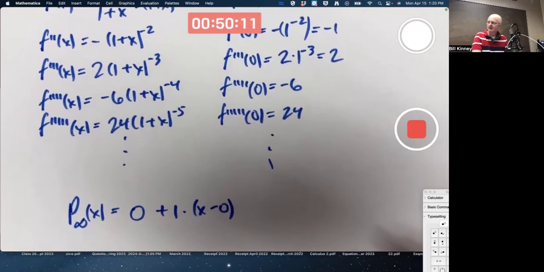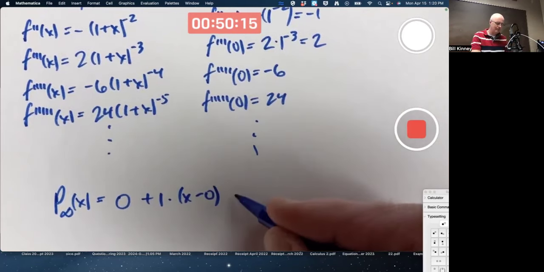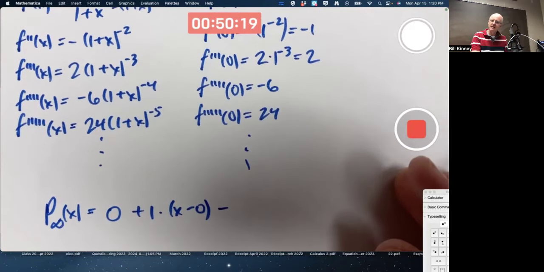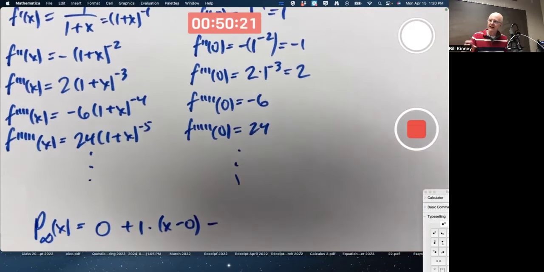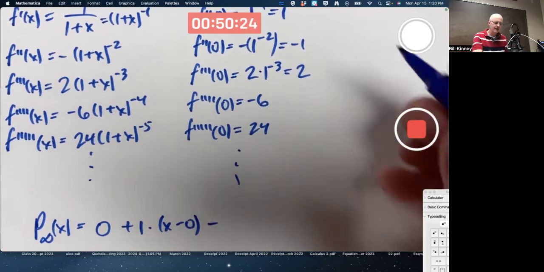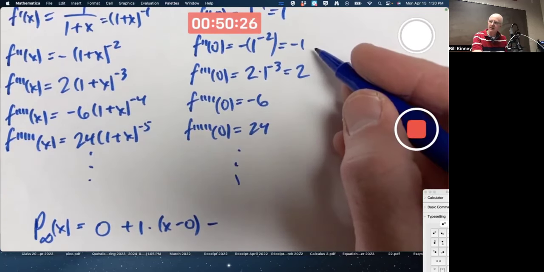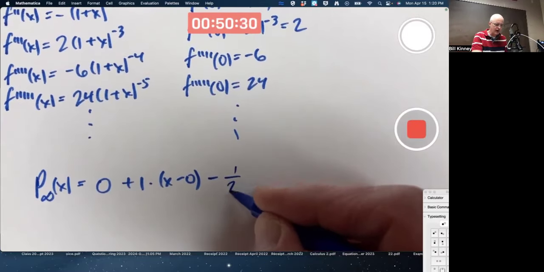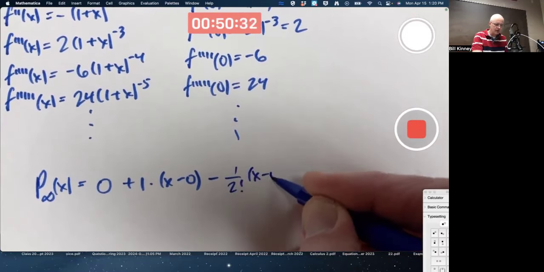I'll write it as x minus 0, but of course it simplifies to x. Minus, careful, the next term is x minus 0 squared, so it does involve dividing by 2 factorial. Negative 1 is f double prime of 0. So we get a minus 1 over 2 factorial times x minus 0 squared.